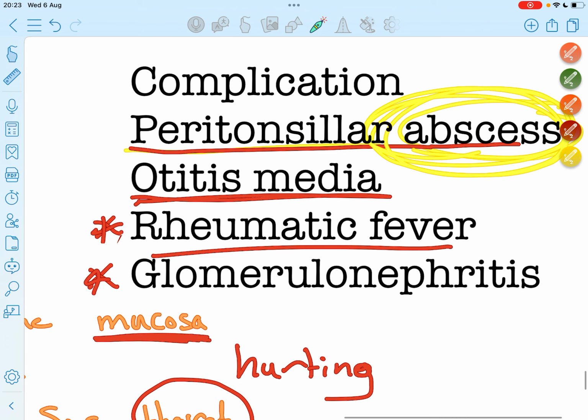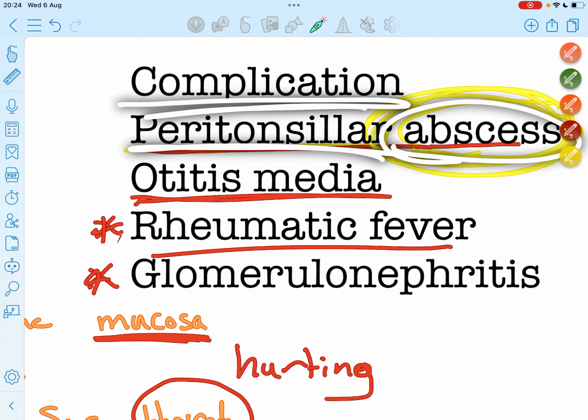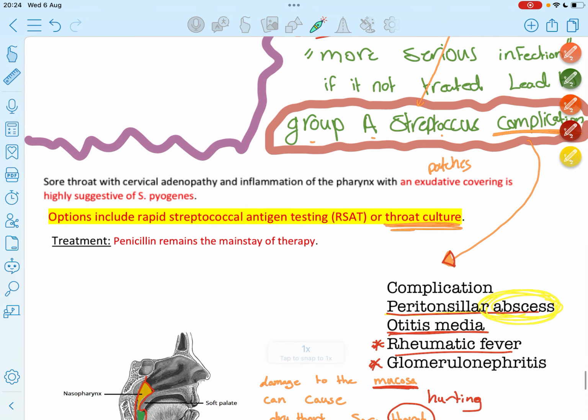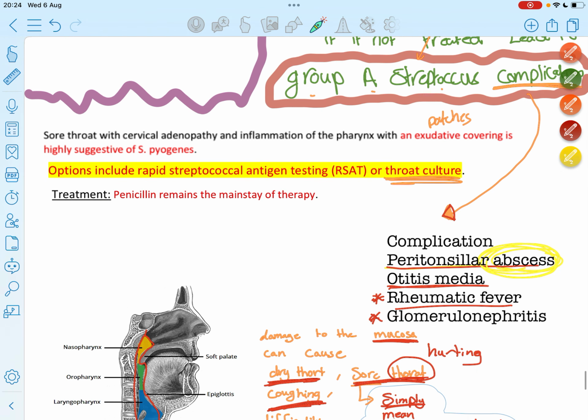Let's repeat the complications. You should copy this information into your brain. Complications: peritonsillar abscess, otitis media, rheumatic fever, and glomerulonephritis. So these are the Group A Streptococcus complications.